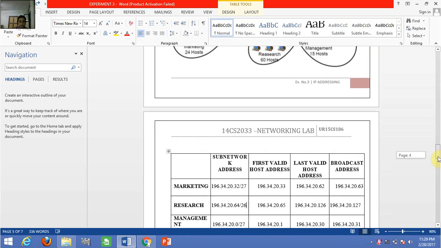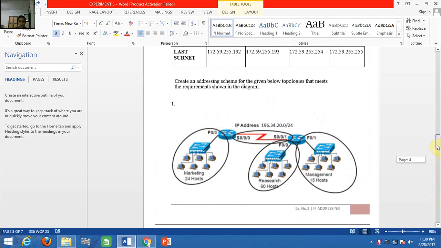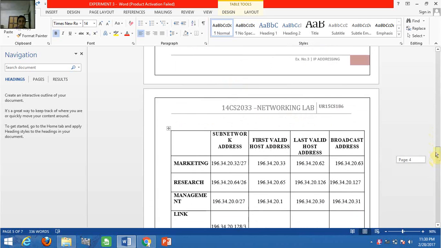And so now we have obtained 4 subnets, which are at a gap of 64, and we can give each subnet to either marketing or management, but marketing requires only 24 hosts and management requires only 15 hosts.